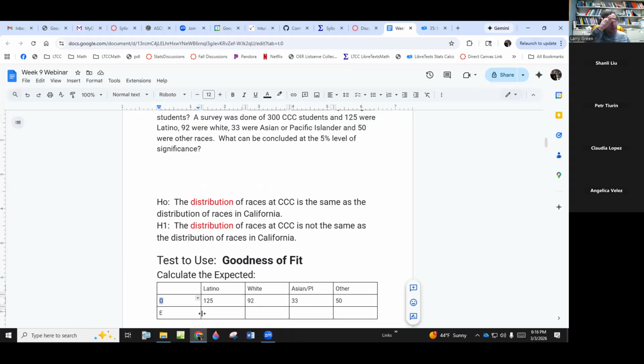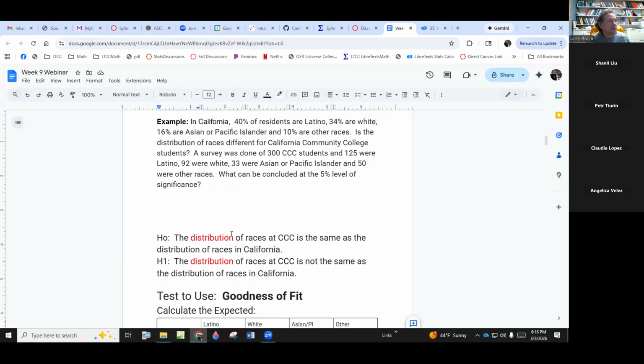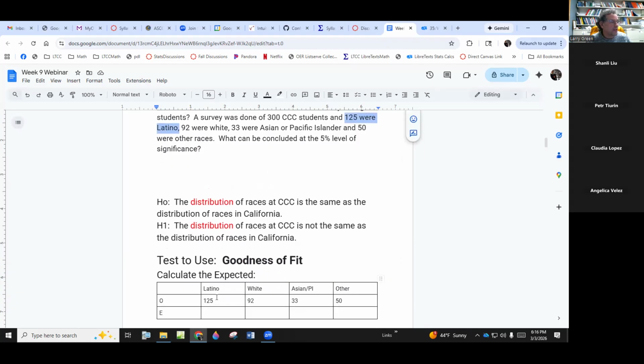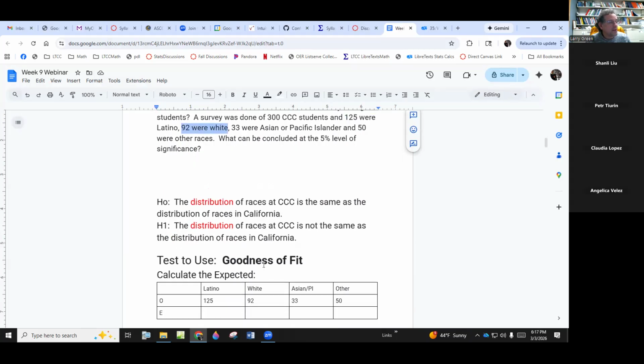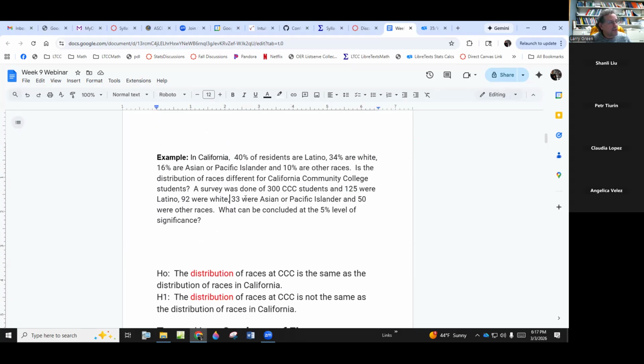Okay. Well, how many Latinos were observed? 125. Because that's what it says. 125 were Latino. So I put 125 right here. Okay. The next were 92 were white. So I put 92 here for the whites. The next were 33 were Asian Pacific Islanders.